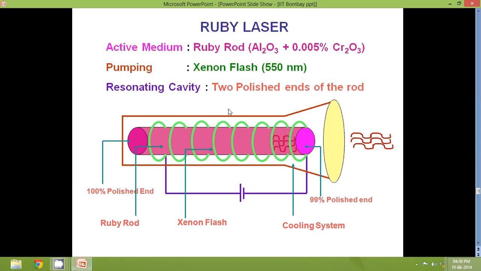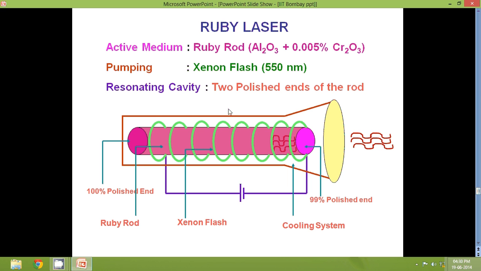Suppose that we have population inversion and photons are generated by spontaneous emission. If one photon comes down, it initiates another atom to release one more photon. Now 2 photons will move in the ruby rod and get reflected at the ends. While going, they initiate 2 more atoms to release 2 more photons. Therefore, we have 4 photons.